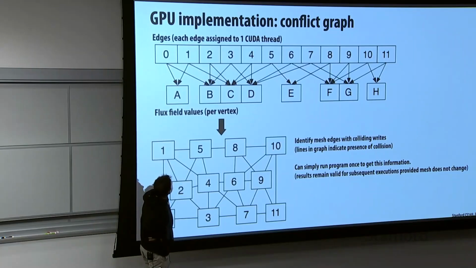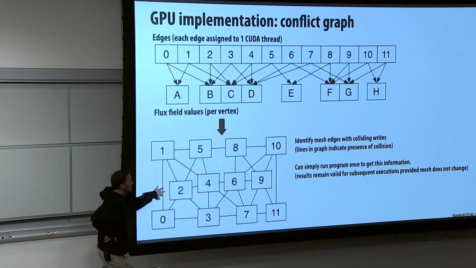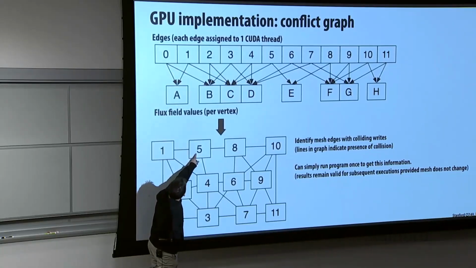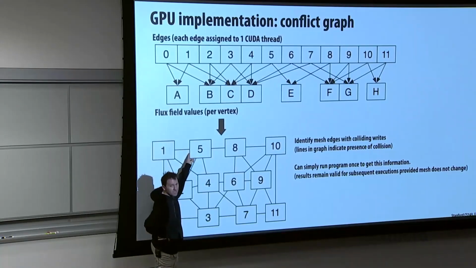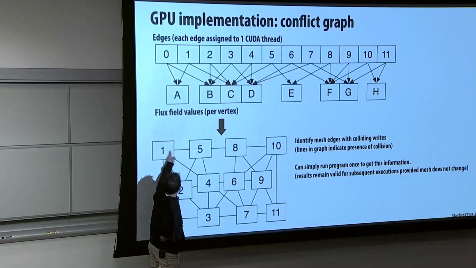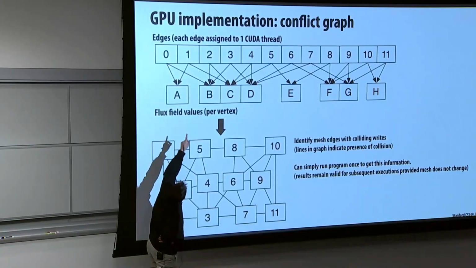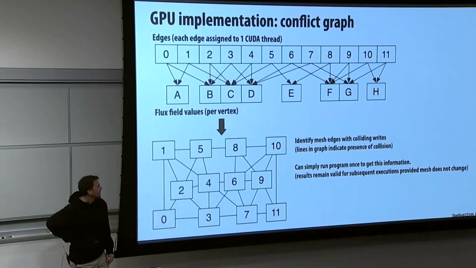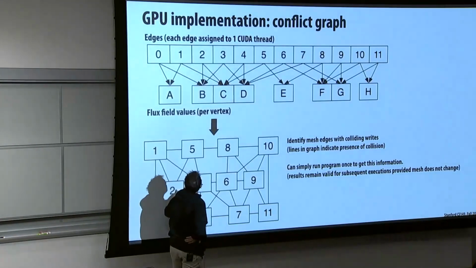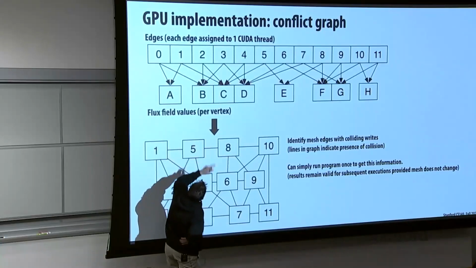They analyze and look at which edges share the same vertex, and encode that in a graph where edge 1 and edge 5 have an edge between them if edge 1 and edge 5 in the mesh share a vertex. So 1 and 5 have an edge in this graph because 1 and 5 both write to C. And notice there's no edge between 8 and 2, so 8 and 2 do not write to the same values.